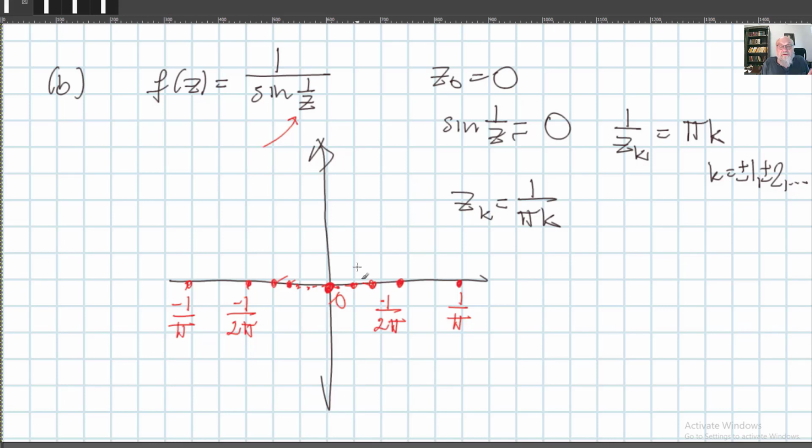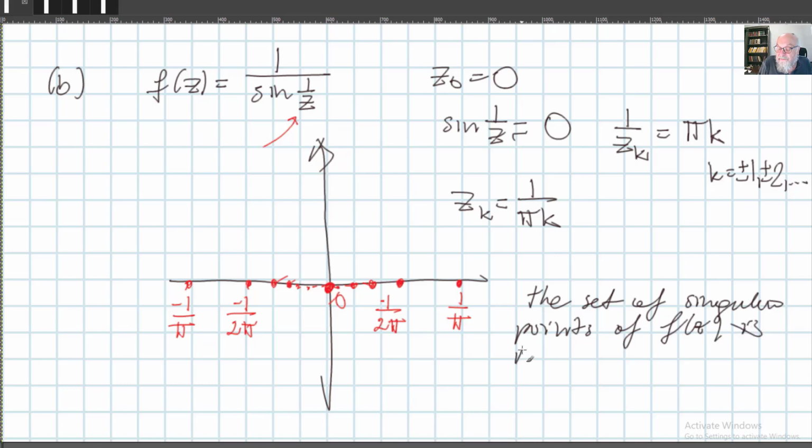They all converge to 0. So you see the set of singular points of f of z is infinite, but still bounded.